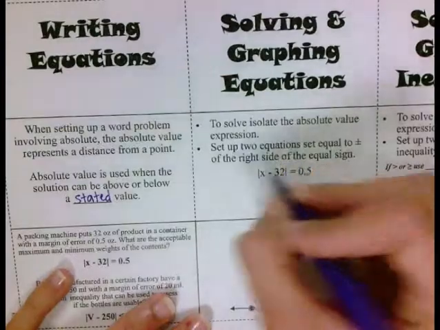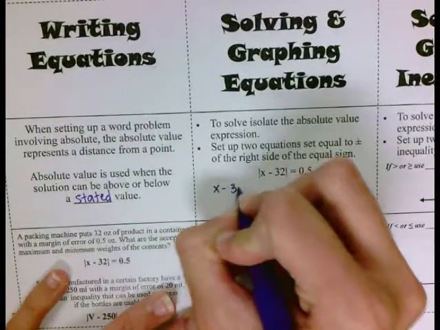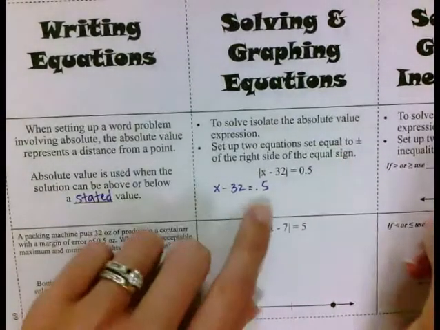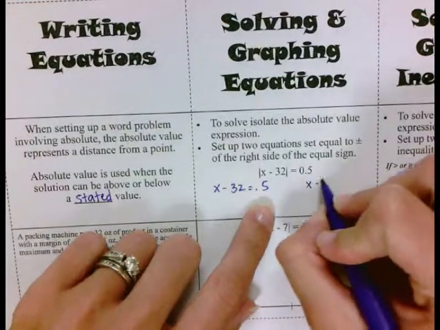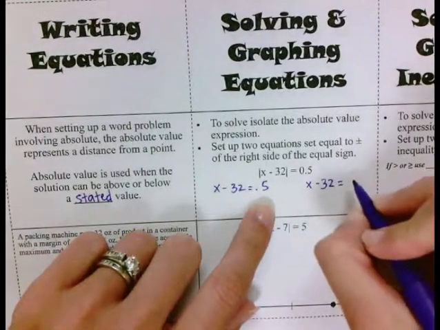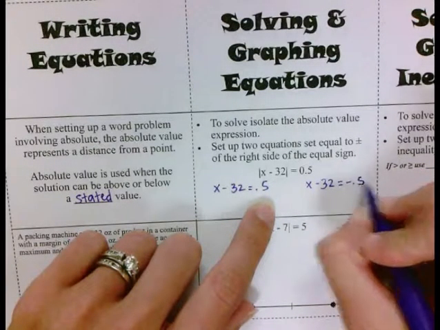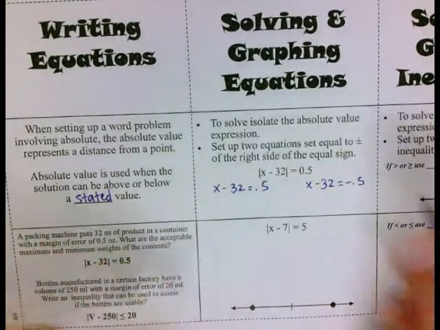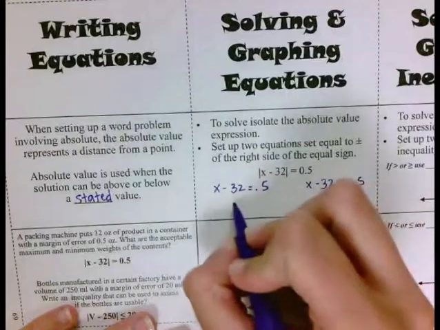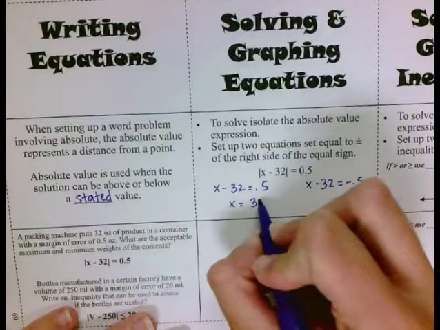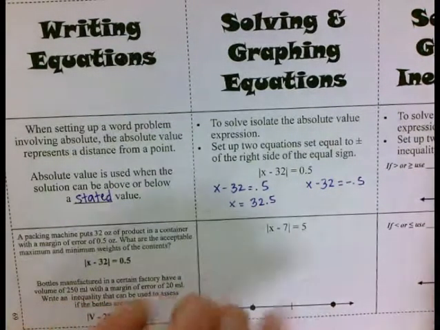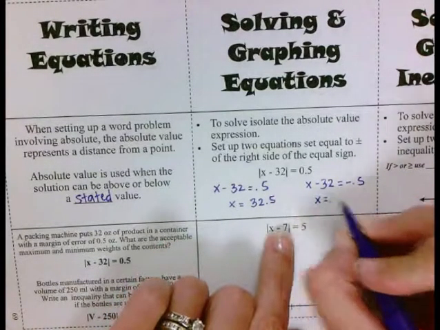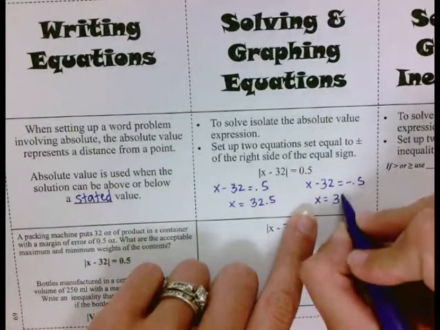So you've got x minus 32 equals a positive 0.5, and then x minus 32 equals a negative 0.5. Okay, and now you're just going to solve. So you're going to add 32 to both sides, and x is going to be 32.5. And then you're going to add 32 to the other side, and you're going to have x is equal to 31.5.